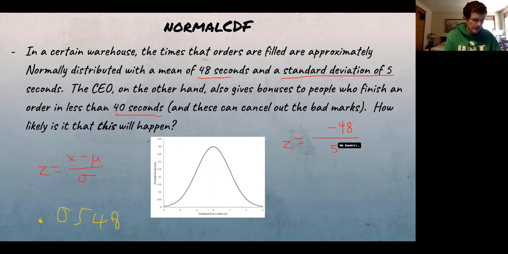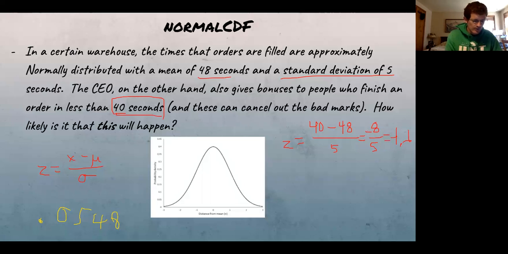And I want to have the data point of interest, so this 40 seconds right here. And we'll get to the upper and lower in a second, but first I need to find a z-score. So that's going to be negative 8 over 5, negative 1.6.